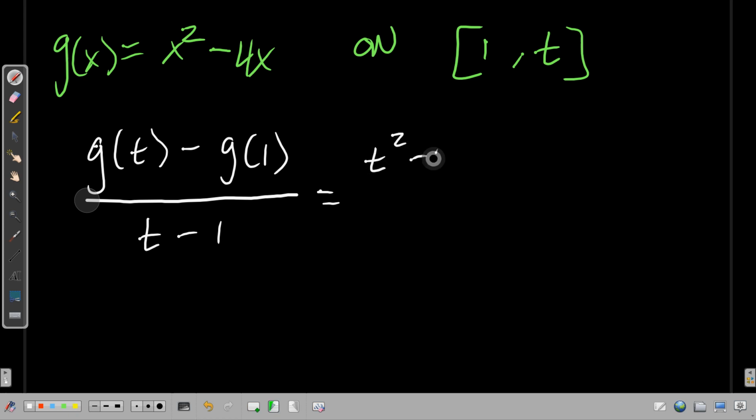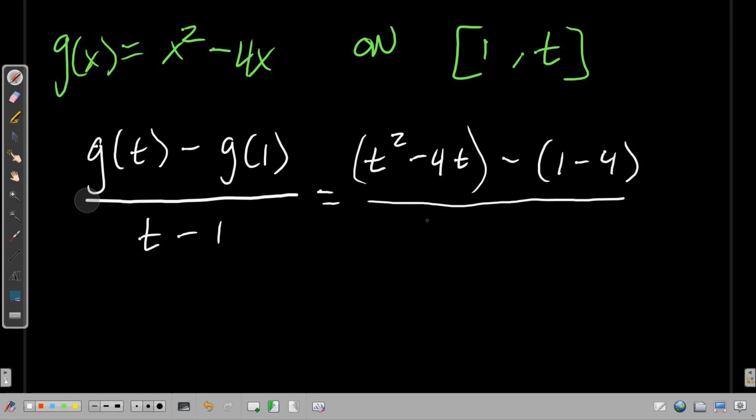It's t squared minus 4t. And g of 1 is going to be 1 squared minus 4. And then it's all over t minus 1.